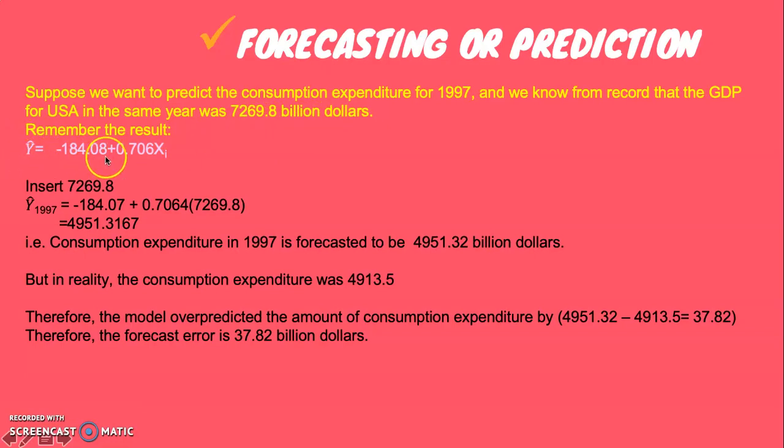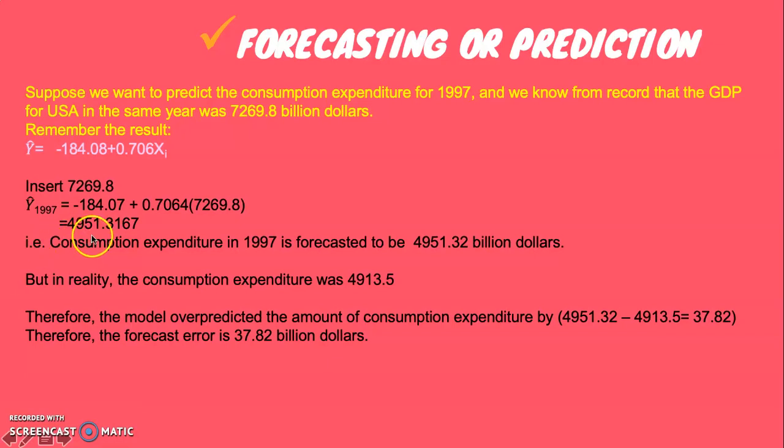Remember that our estimation is this. Now we're going to substitute X with $7,269.8 billion for 1997 in the model.